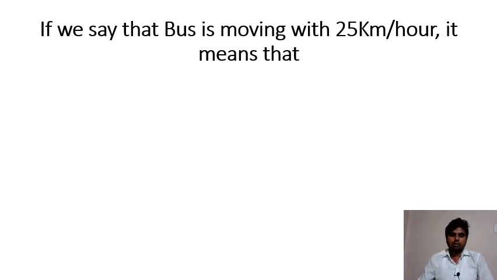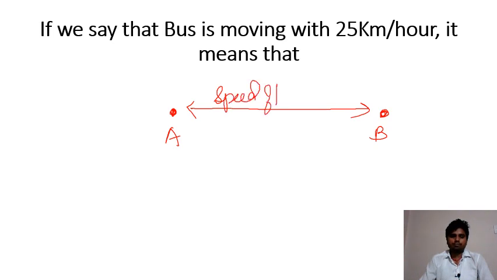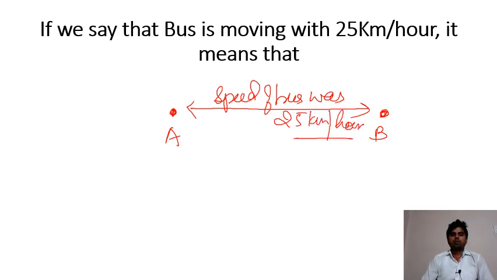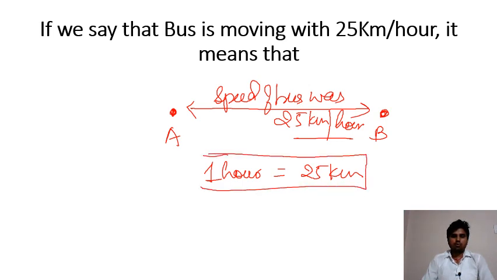That means if the bus started from position A and ended at position B, then in the complete path from A to B, the speed of the bus was 25 km/h. So we can say that in 1 hour this bus traveled 25 km. This is the conclusion we get from this statement.